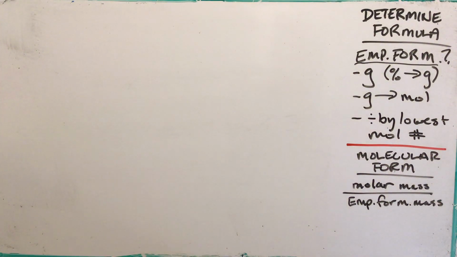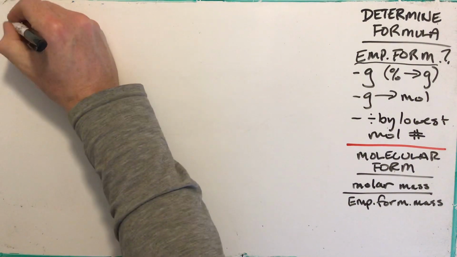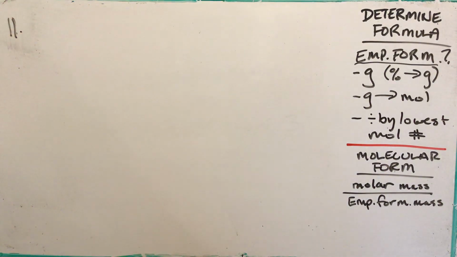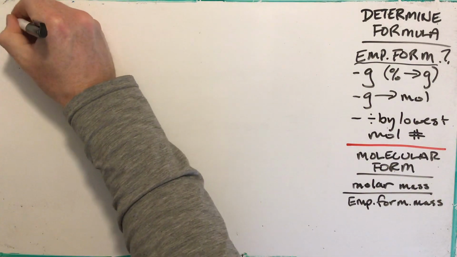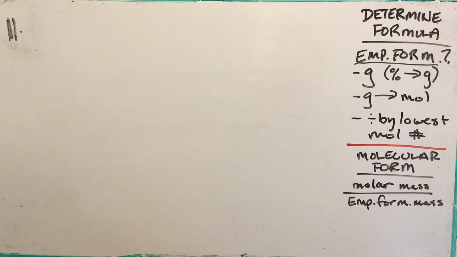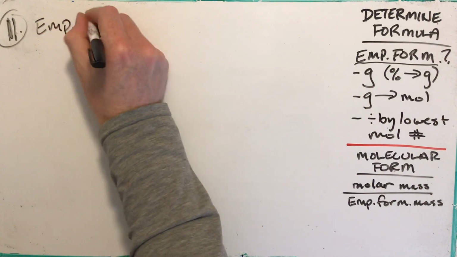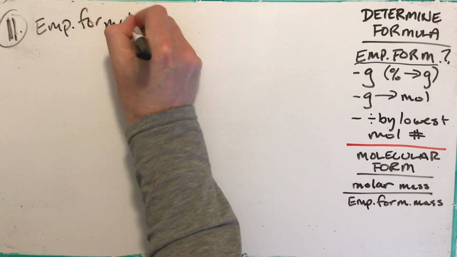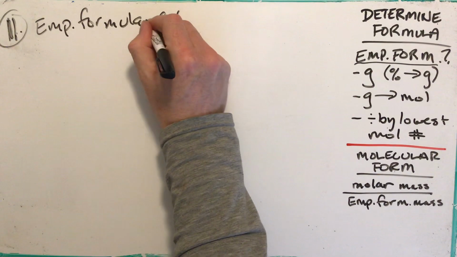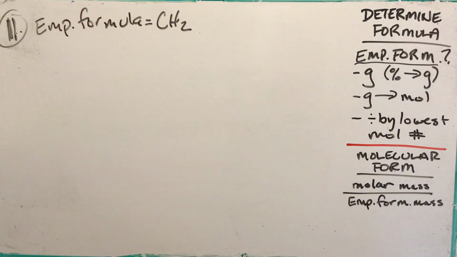So one that involves number 11. All right, so number 11 off of that sheet. It tells us that the empirical formula, it already gives us it, the empirical formula for a compound is CH2.